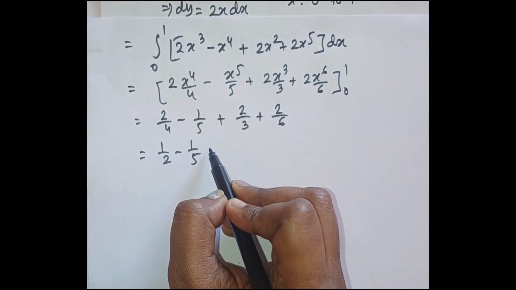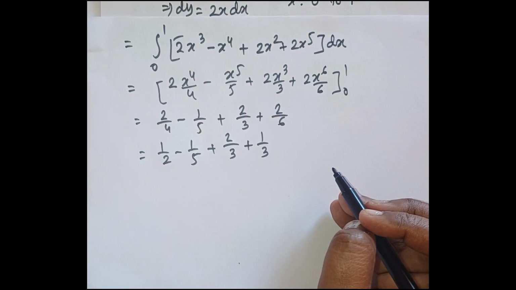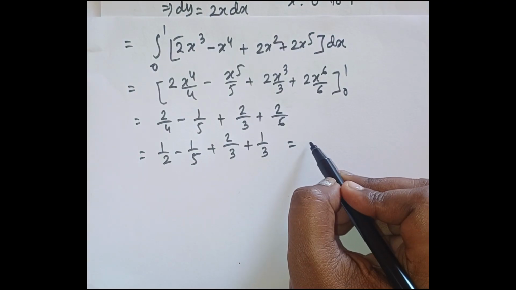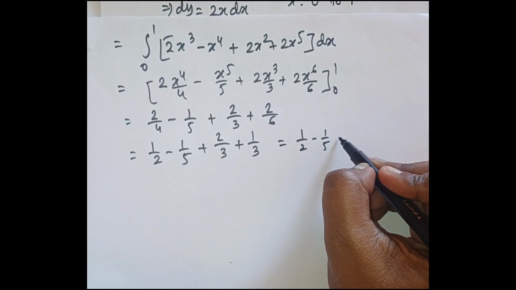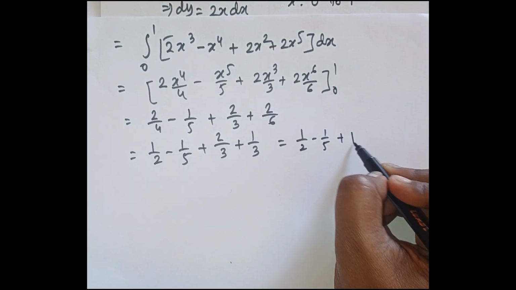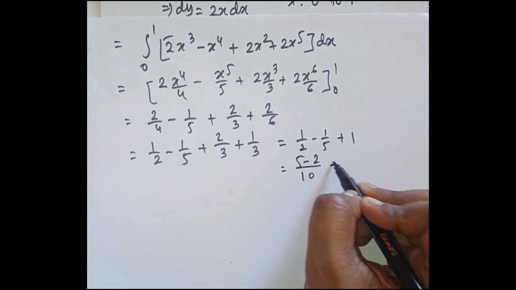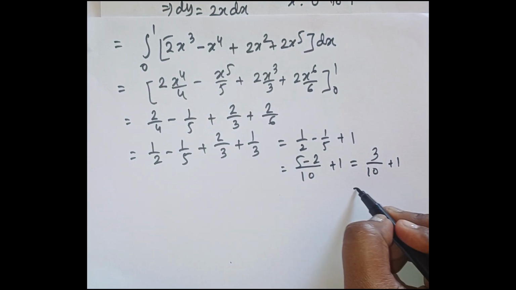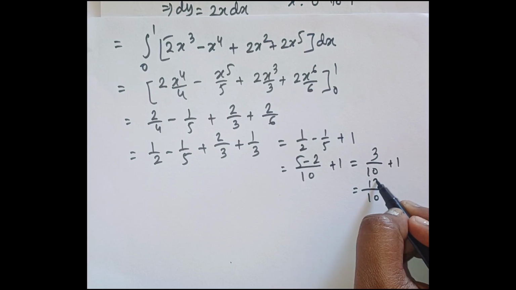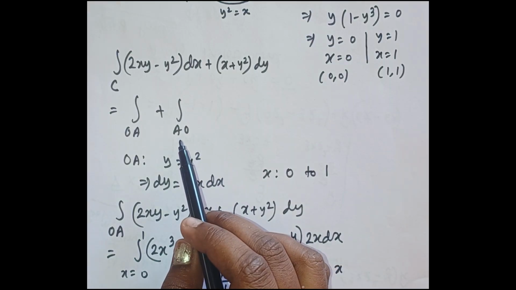So 1 by 2 minus 1 by 5 plus 2 by 3 plus 1 by 3. Now, if you calculate, you can write 1 by 2 minus 1 by 5, then 2 by 3 plus 1 by 3 is actually 1. And then LCM is 10. So 5 minus 2 is 3 by 10, plus 1, and then 13 by 10. So for the first part we have done.